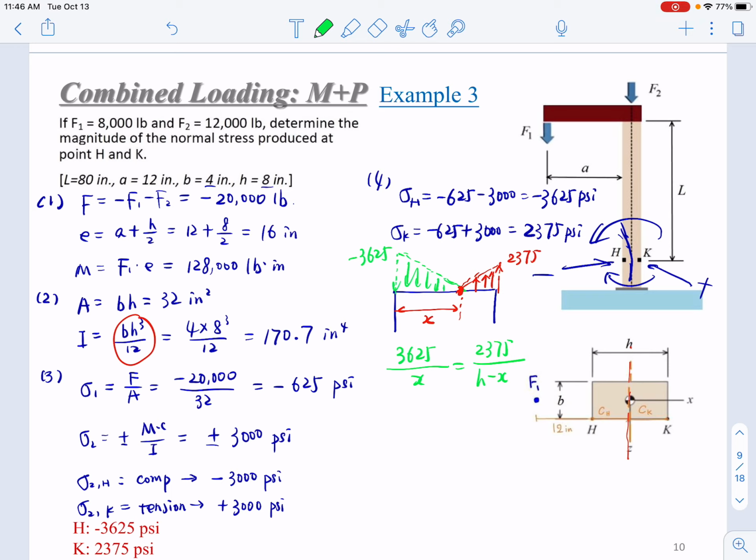So from this equation you can solve the x. Of course, this equation is obtained based on our assumption of a flat plane, the linear distribution of stress.